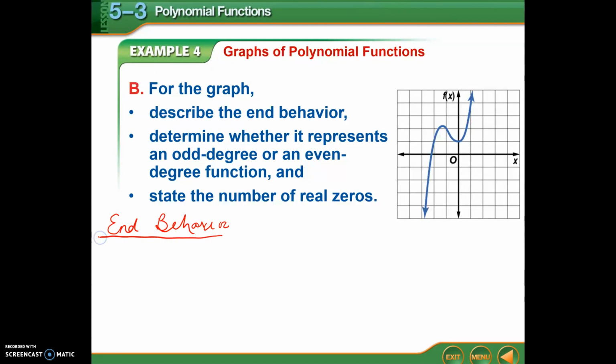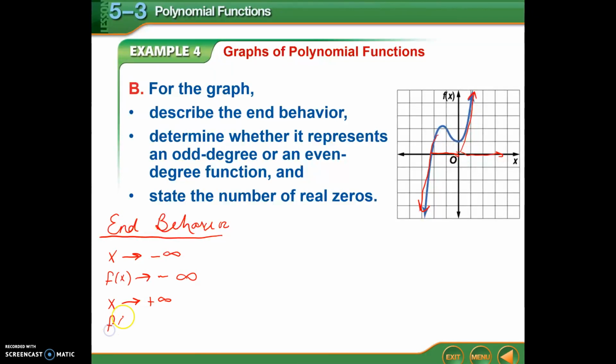On the left side of the graph, as x is approaching negative infinity, my graph is starting to point down. So the function is going to negative infinity. As x goes to positive infinity, heading in the right direction, my graph starts heading up.